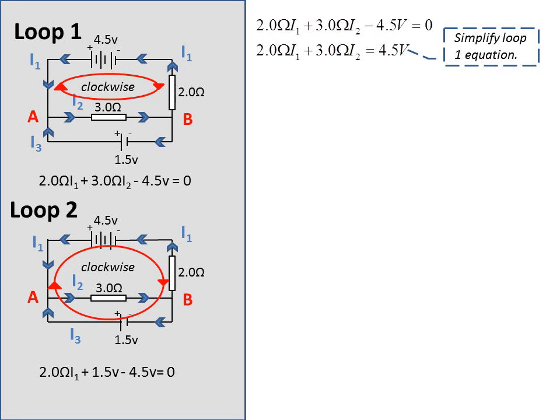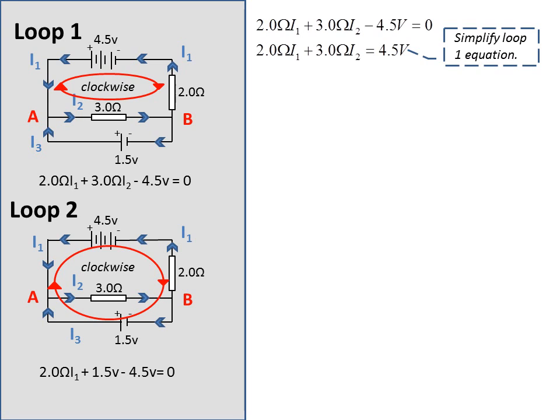When I go down to loop 2 and look at its equation, we can see that there is only one unknown, and that's the current I1. And I have two voltages here. So what I can do is solve for I1. I'm going to solve this equation for I1, and basically I simplify the voltages. So I get 2 ohms I1 equals negative 3.0 volts.